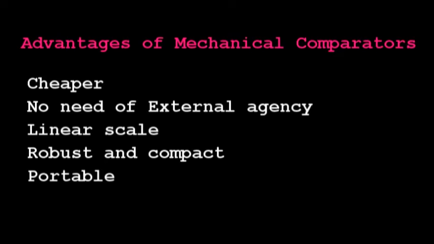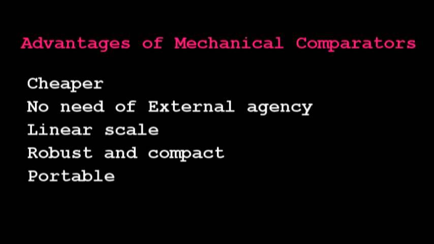And the next one is a linear scale. Usually the mechanical comparators have a linear scale, and are robust and compact. These instruments are robust and compact in design, easy to handle and portable. For ordinary workshop conditions these instruments are very suitable, and being portable can be issued from the stores.